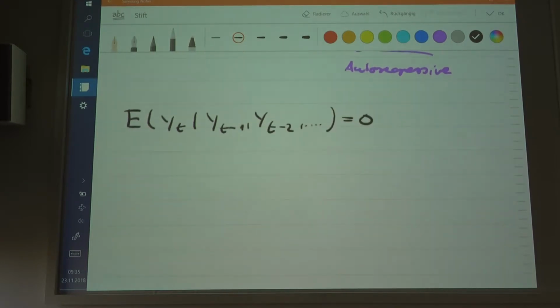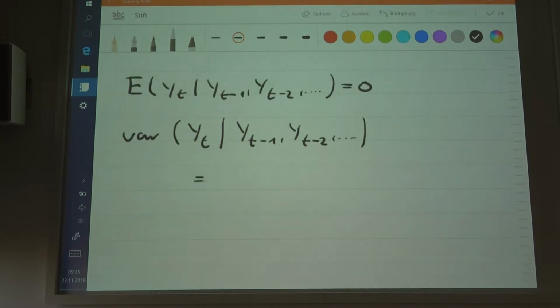Now, if that is the case, then the variance of the process, or the conditional variance to be precise, given its past, will be equal to the expectation of the squares. Because the variance is the expectation of the squares minus the square of the expectation.